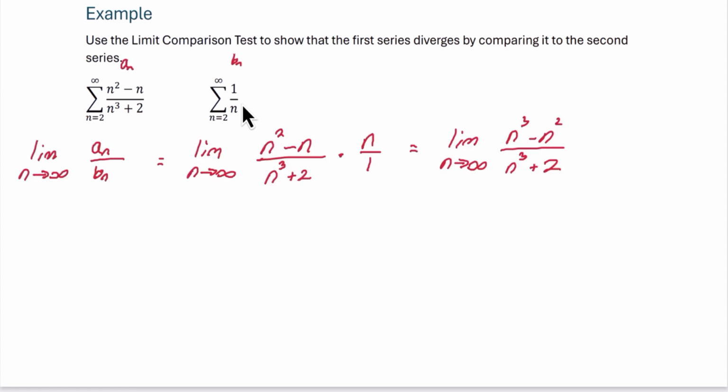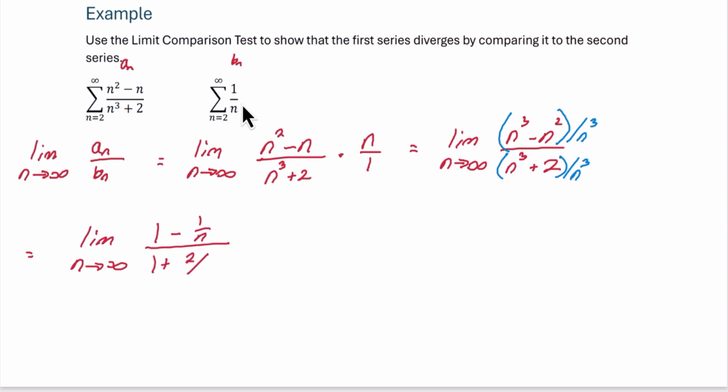Let's divide both the numerator and denominator by n cubed. Again, we want to divide by the highest power of n that occurs in the denominator. Limit as n approaches infinity of 1 minus 1 over n divided by 1 plus 2 divided by n cubed.